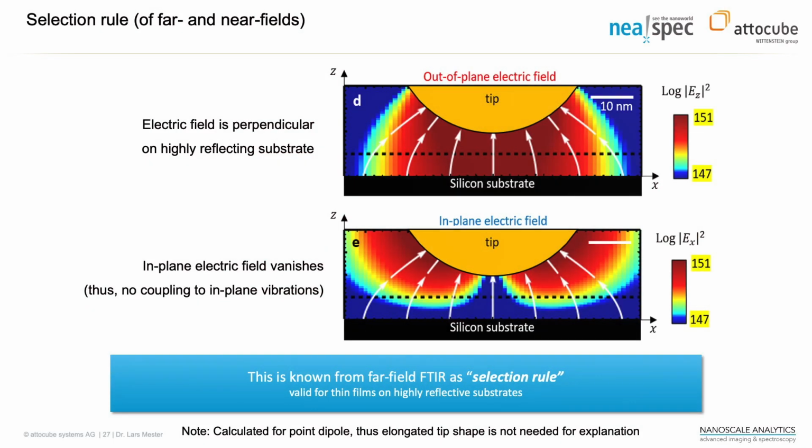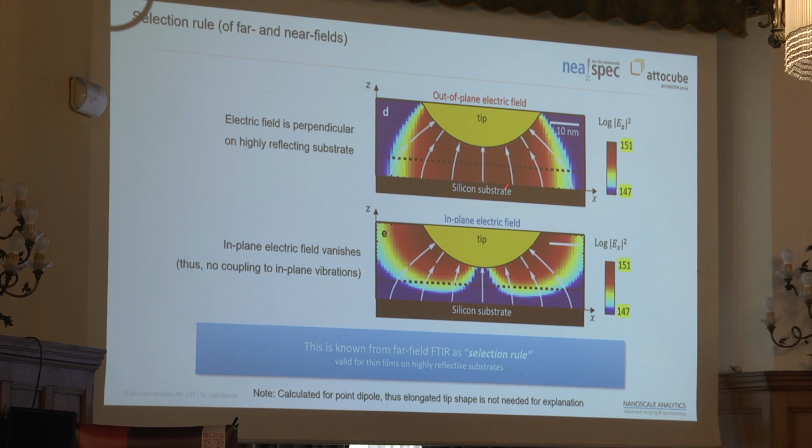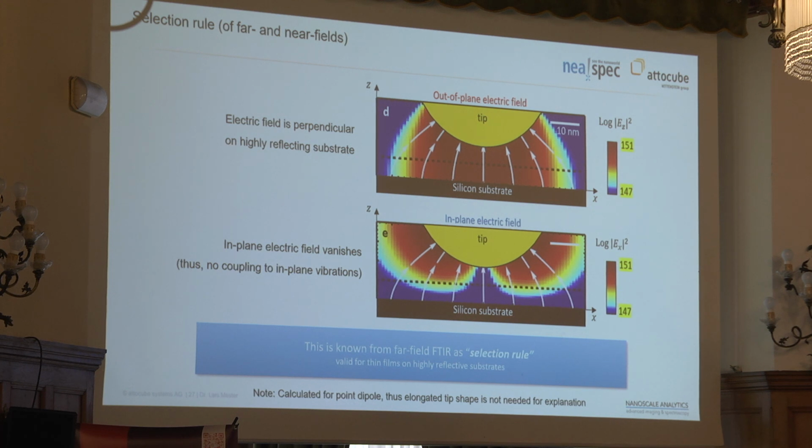Yeah, we're still missing somehow an explanation of what's going on here. And for this, you can calculate with a point dipole over a silicon substrate the electric fields that take place. And this is shown here as red. So red means it's a very high electric field perpendicular to the sample surface. So if we have a vibration in this direction, we can easily excite it and see it.